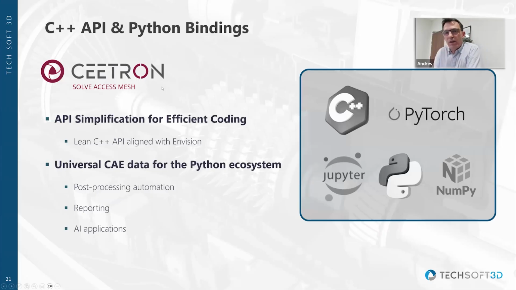Now, I mentioned every year we like to take at least one release to take care of our APIs. This year, we will be working again a bit more on Solve Access and Mesh than on Envision. The idea is to provide a full C++ API, deviating from the current C API, and try to align it with Envision.